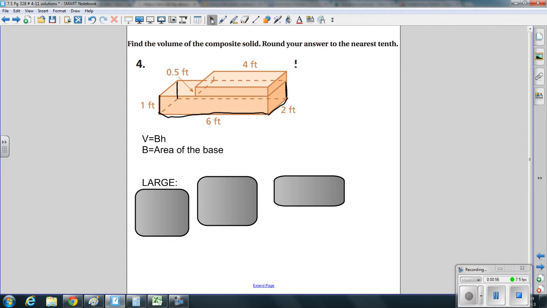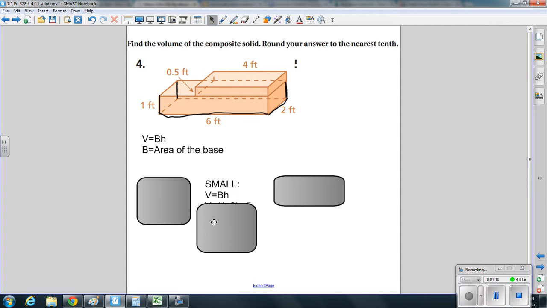height is 1. So we're going to take area of the base, 6 times 2, and then multiply it by the height of 1. For the large prism, the volume is 12. For the small prism, we have area of the base times the height.